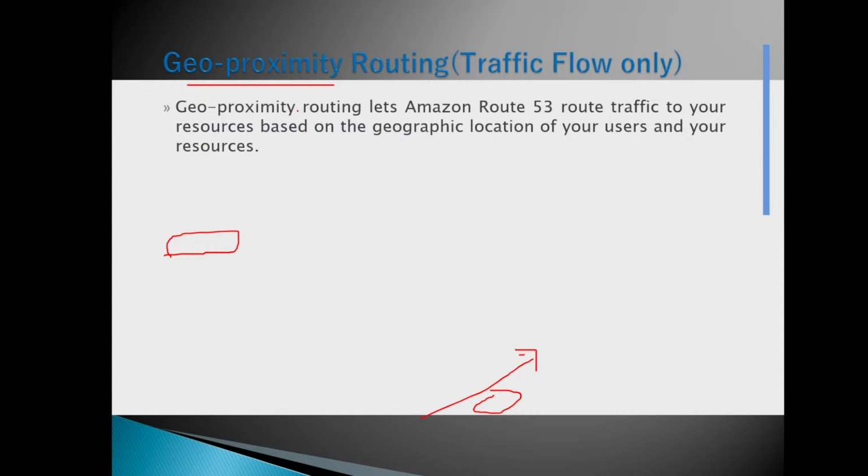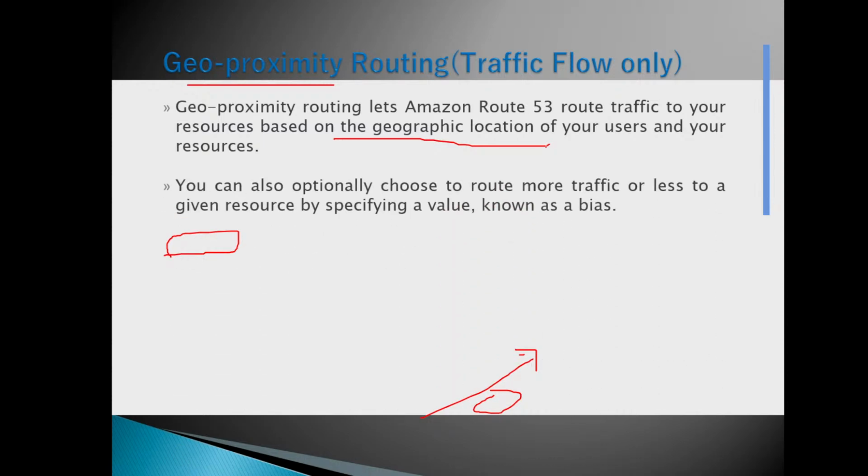So geoproximity routing lets Amazon Route 53 route traffic to your resources based on the geographical location of your users and the resources. You can also optionally choose to route more traffic or less to a given resource by specifying a value known as bias.